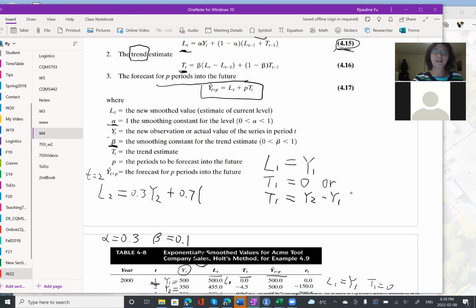So LT minus 1 becomes L1. When T equal to 2, T minus 1 is 1. Okay, L1 plus T1. I pause for a moment to see if you have any questions to calculate L2. Any questions? You can type in your questions in the chat area, or you can unmute yourself and speak up.